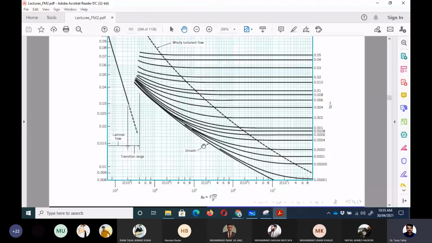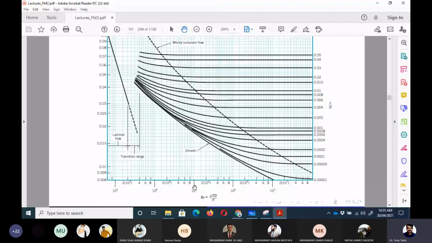So if we have turbulent flow, and we can ignore epsilon upon d value, then we are going to see the value from this curve. Let's suppose we have been given a smooth pipe, and we have a Reynolds number of 1 lakh.